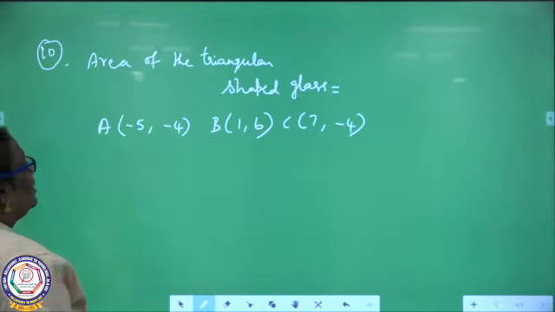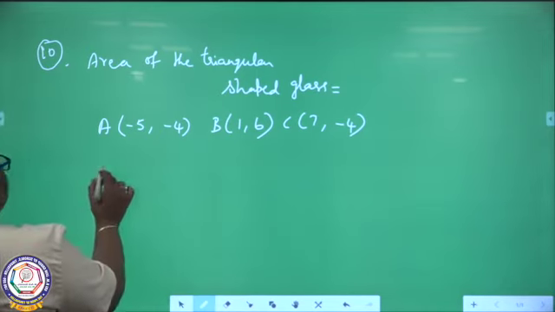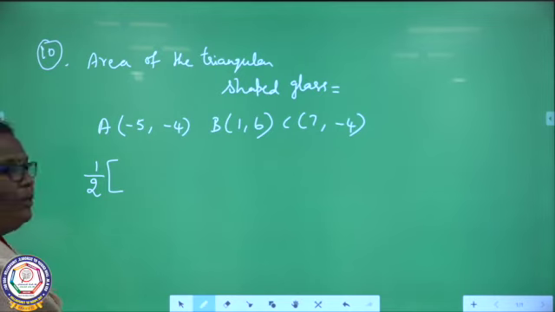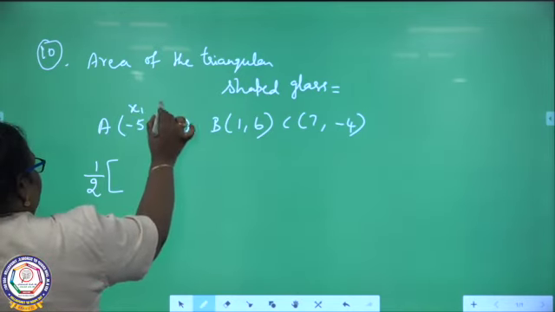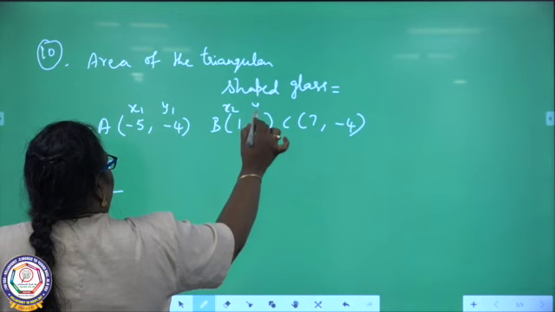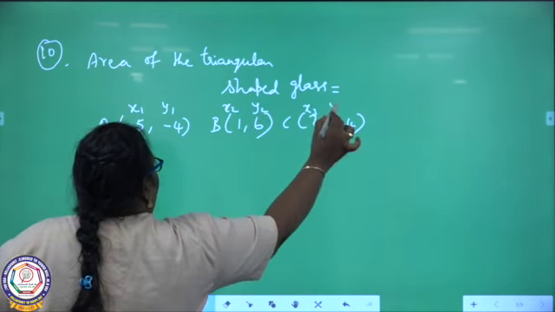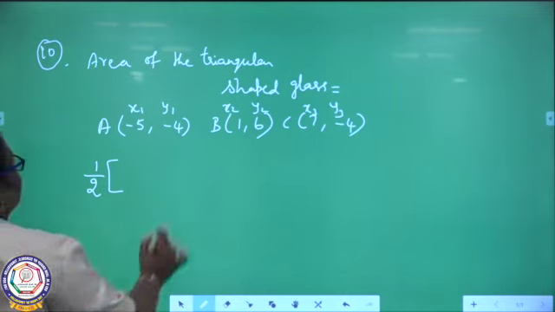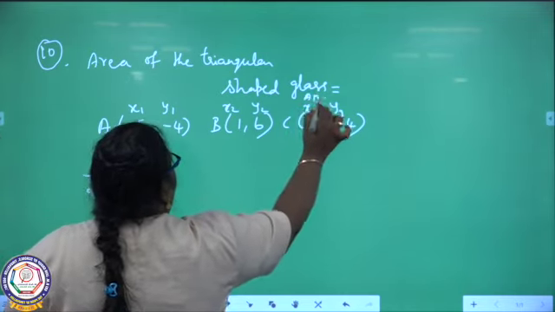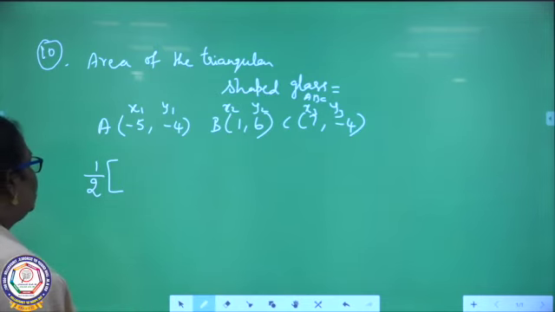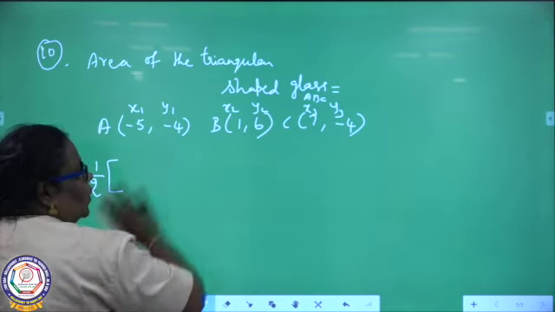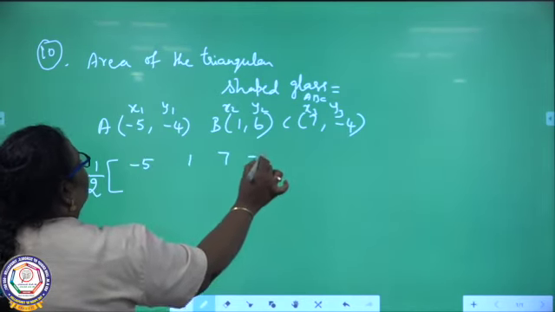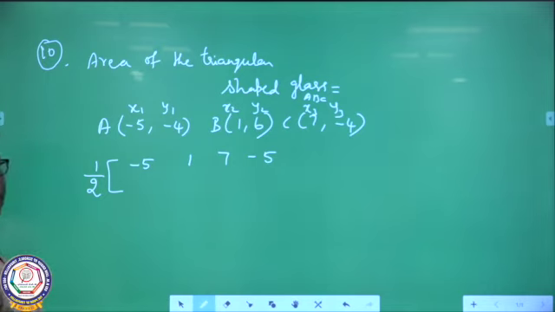Area of the triangular shaped glass. What is the formula for the area of the triangle? We already saw it, so we move on to the sum straight away. This is x1, y1, x2, y2, x3, y3. Area of the triangular shaped glass ABC. So 1 by 2 into, write the x coordinates first: -5, 1, 7, -5, you end up with the same number.